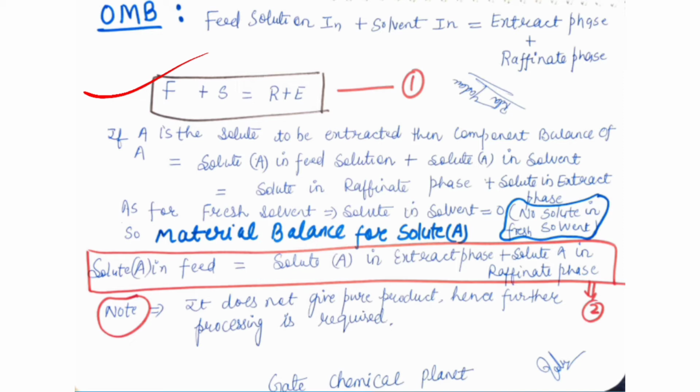After putting 0, we get the material balance for solute A: the solute A in the feed will be equal to the solute A in the extract phase plus the solute A in the raffinate phase. So this is equation number 2.